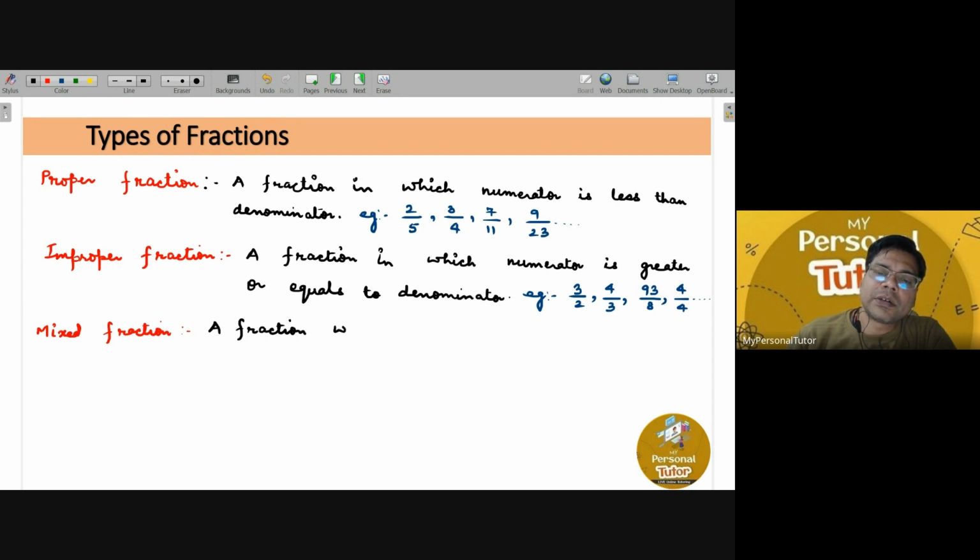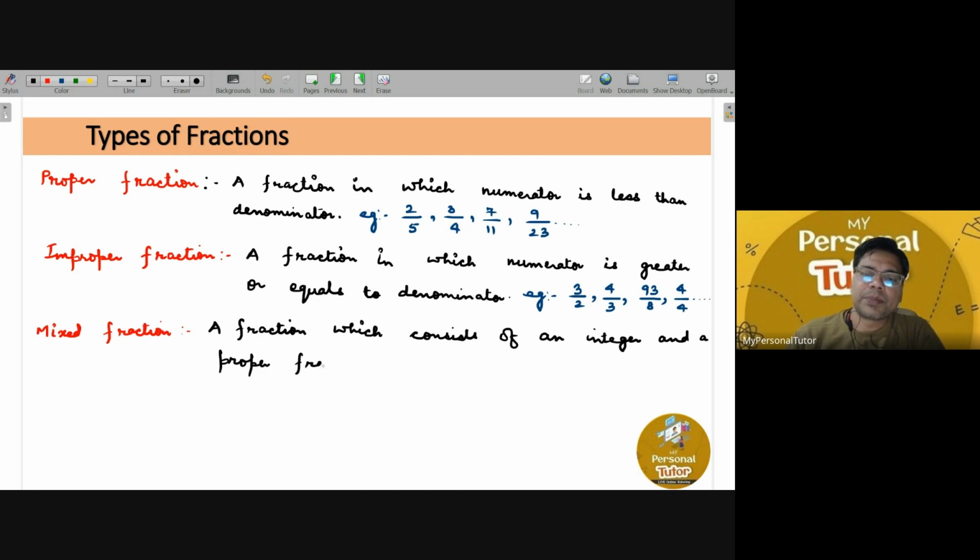A fraction which consists of an integer and a proper fraction. Okay, are you getting it? What is a mixed fraction? I'll give you some examples so you will understand in a better way.